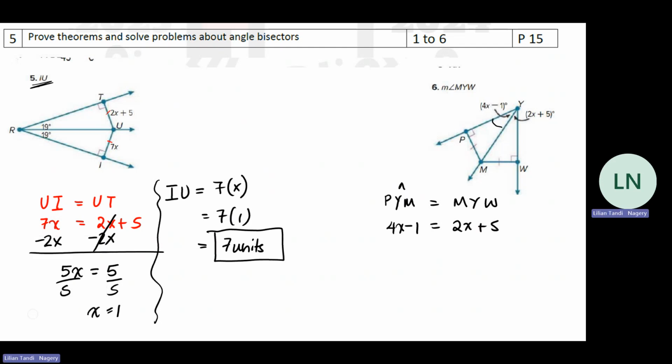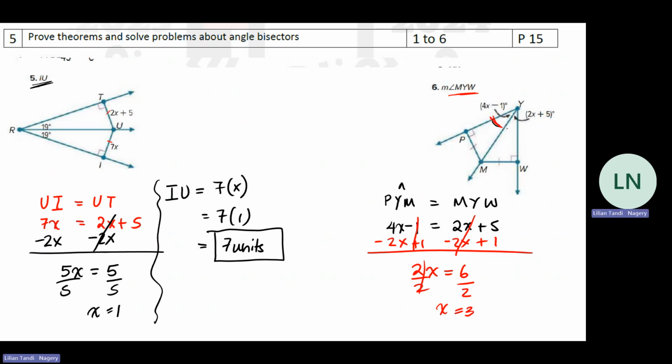Okay? What do we do here? We minus 2x, we minus 2x. We add 1, we add 1. This goes away, this goes away. 2x equals to 6, divide by 2. X is equal to 3. I don't want x, I want MYW.